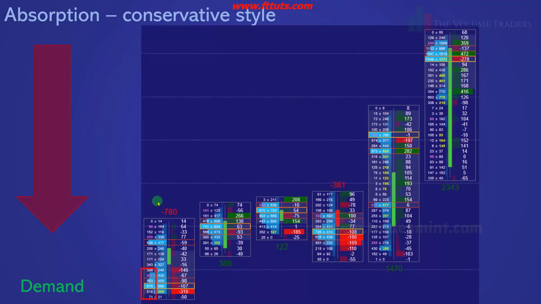And it doesn't matter in this strategy if the rejection candle is bullish or bearish. The focus should be only on shift on delta. So the move down and rejection. Shift on delta, I mean the change from the highly negative to highly positive.